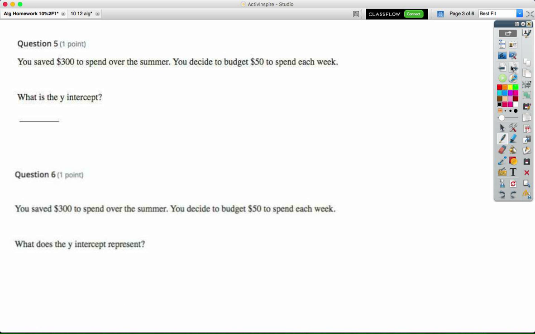The y-intercept was 300, so you could have had just 300, or you could have written the point 0, 300. And then the y-intercept is the original amount of money, initial amount of money. Any synonym is completely acceptable.